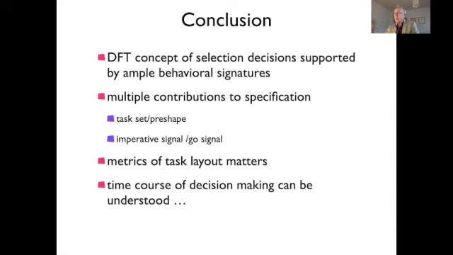And essentially, these signatures emerge from the relationship between these three different things. The one I didn't list is the imperative signal itself, the specific input. Oh, that is the specific input. The go signal is the boost, and the third is the task set, what we call the pre-shaping input. And the metric of the task layout matters, and we can understand the time course of decision making.